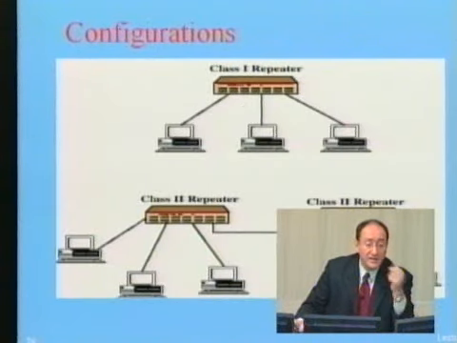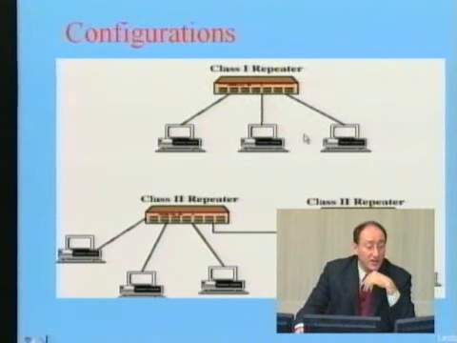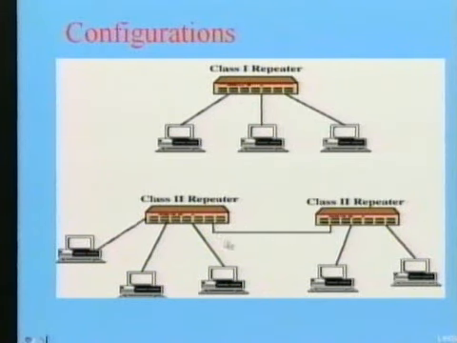Okay. And this is class 1. If you have one class 1 repeater, only these terminals share the collision domain. If you have class 2, you connect one of them to the other one, and all of these guys share the collision. Using these features, you have some flexibility in putting together your system. Okay.